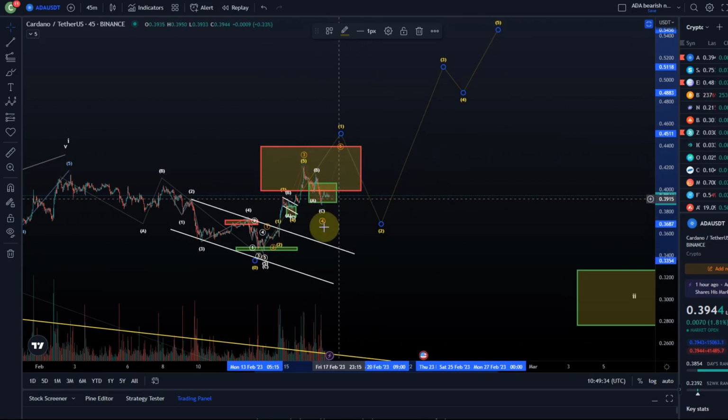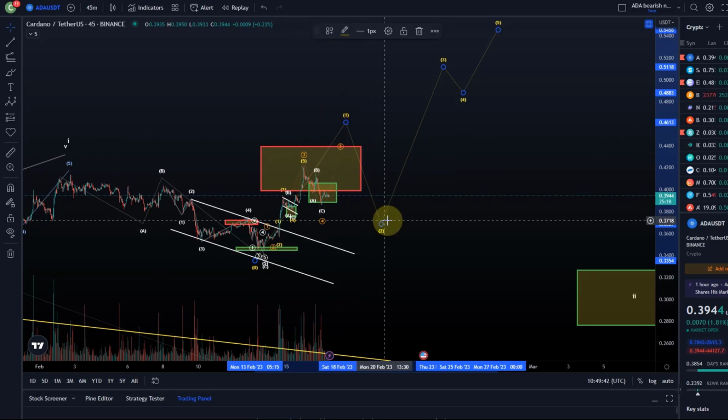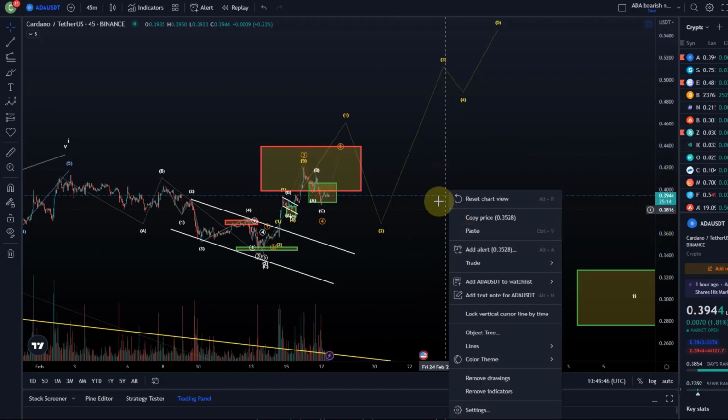And unless it completely escalates and breaks out like crazy. But for now, I'm assuming we had only 3 up. This could be a 4, we would rally in a fifth, get a larger degree 1, then a 2 setback, possible to scale in to trade the third.